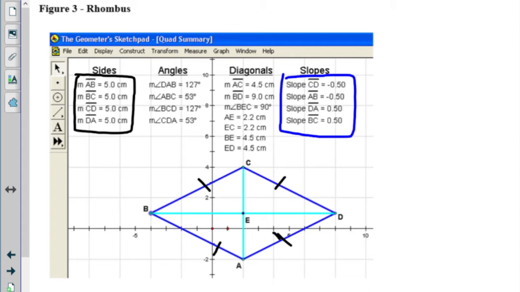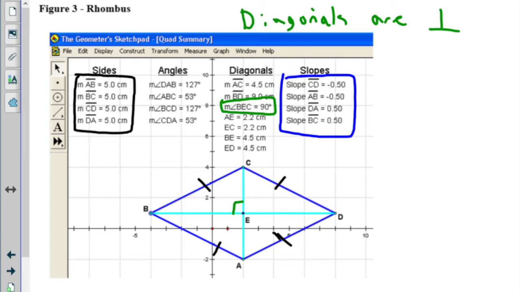And you'll notice one other thing happens here in our rhombus. Angle BEC, notice that that angle is 90 degrees, this angle right here. And so that makes the diagonals, if they make a 90-degree angle, that makes them perpendicular, because that's what it means to make a 90-degree angle.